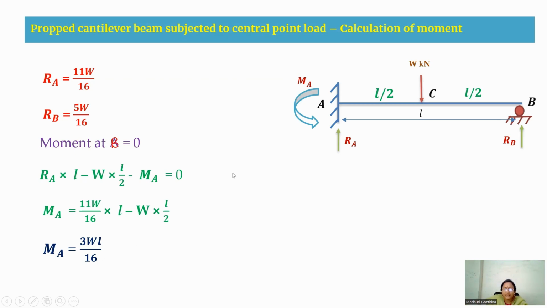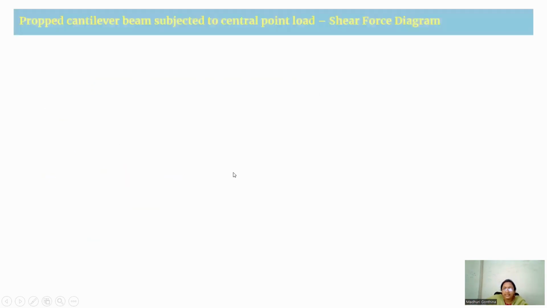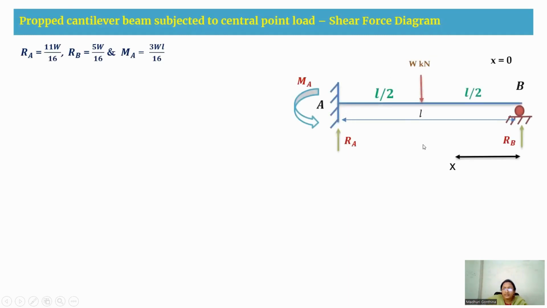Next, after calculating the moment, our next step is to draw the shear force diagram. Before drawing it, let us consider all these reactions RA, RB and MA. We have taken the propped cantilever beam.